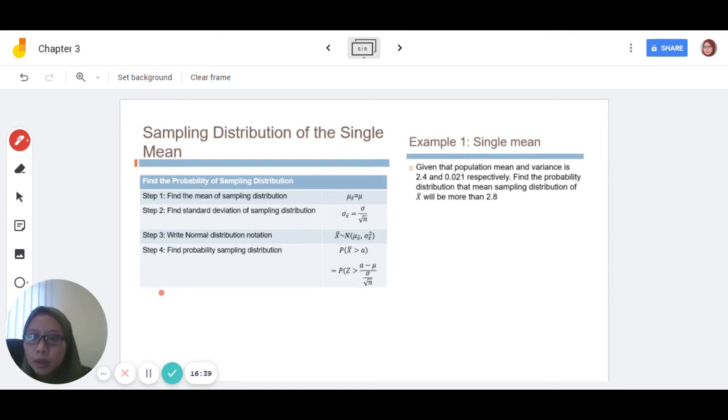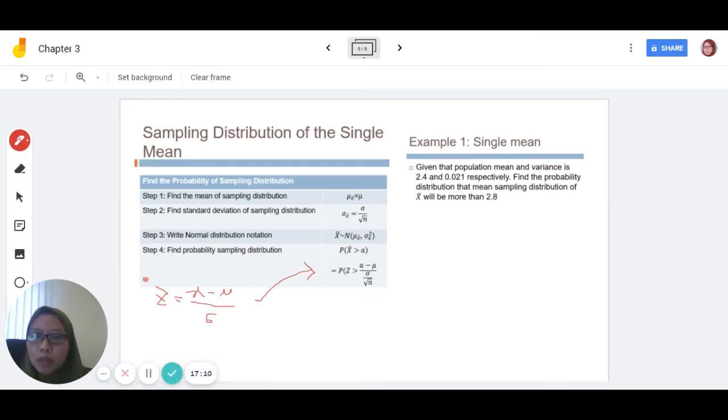Like we learned previously in chapter 2, Z is x minus mu divided by the standard deviation, right? So we can substitute: mu is the mean of the population, and the standard deviation now is sigma divided by square root of n.